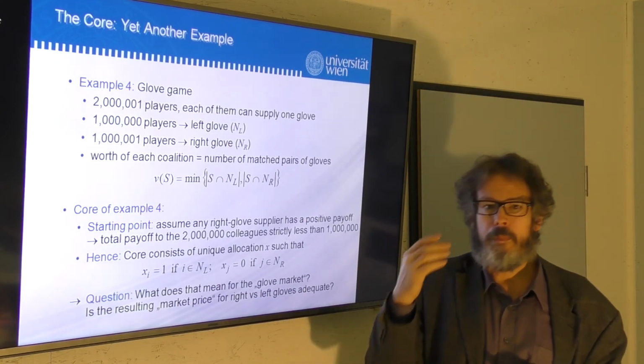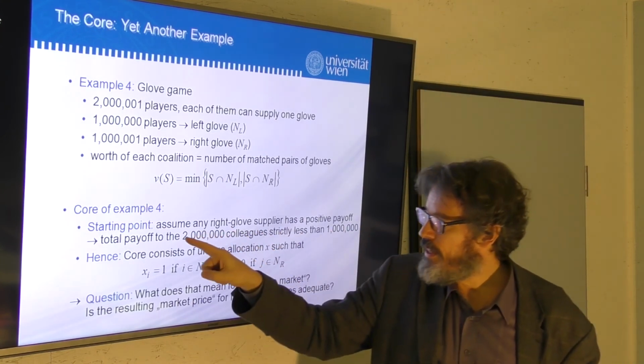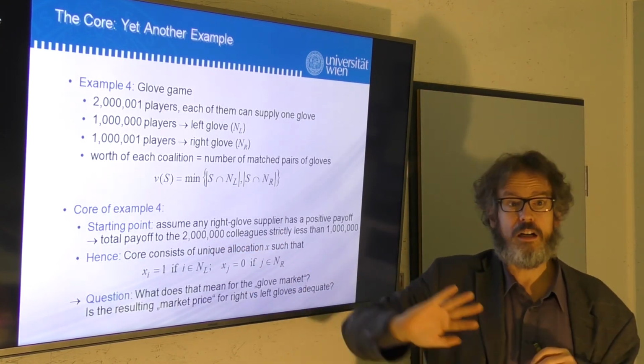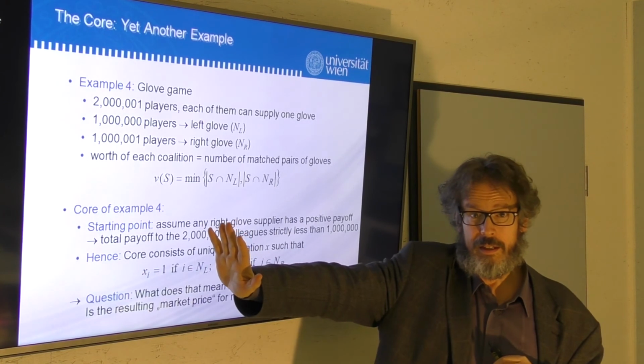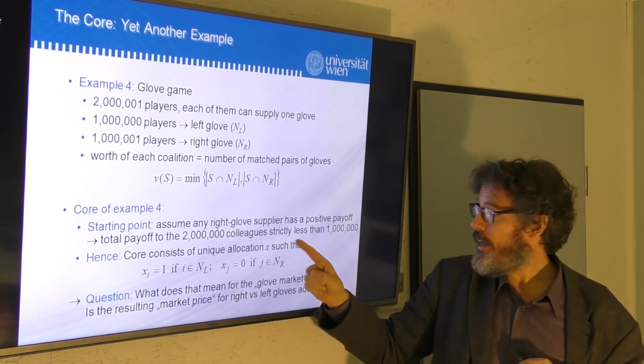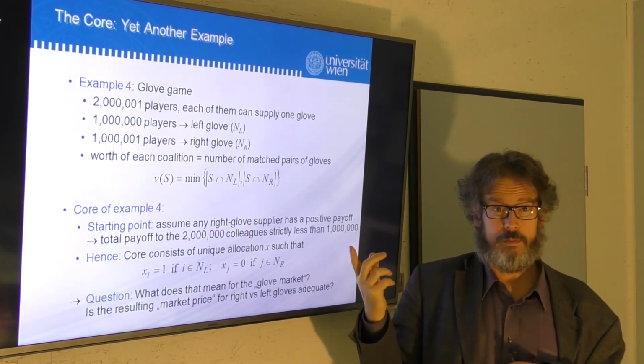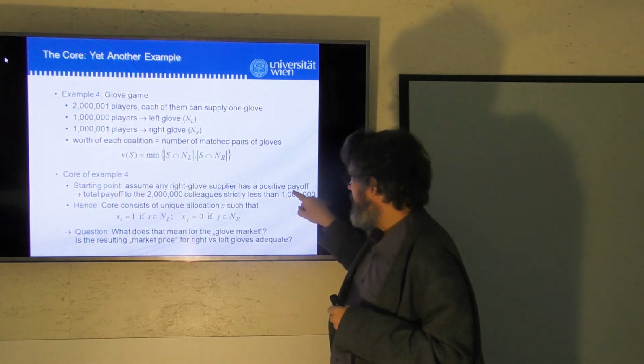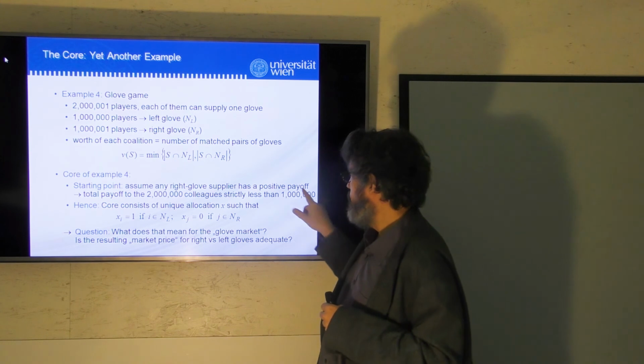But, of course, if these 2 million players form a coalition and exclude this one guy, they could improve their total payoff. And this means that none of the right glove suppliers may have in the core a positive payoff.